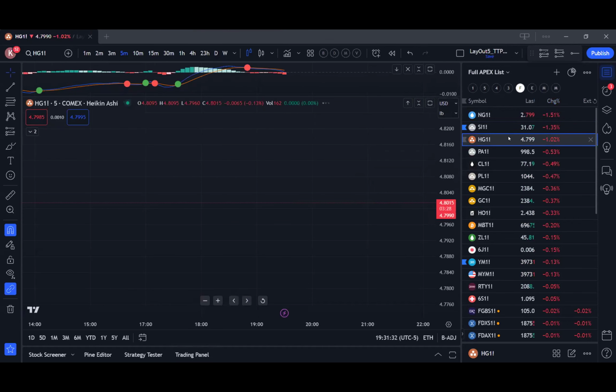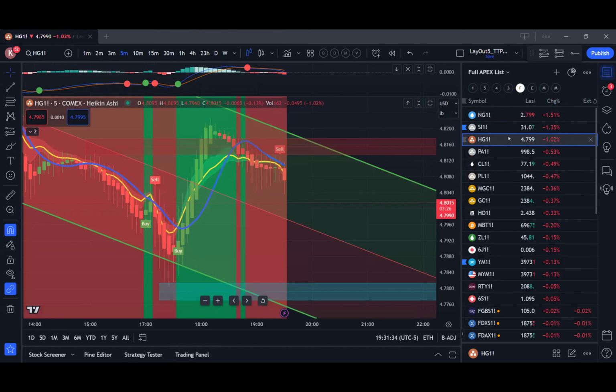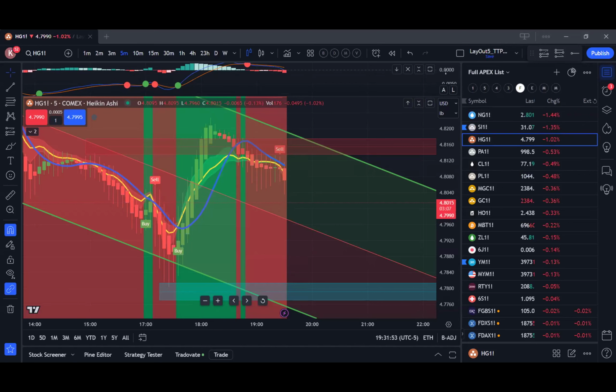And then copper is also looking good. So even copper is also looking good, right?